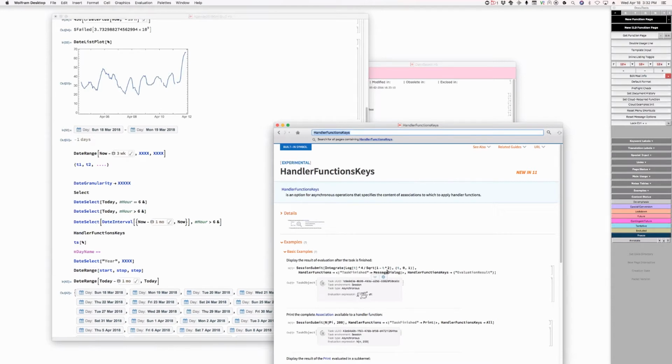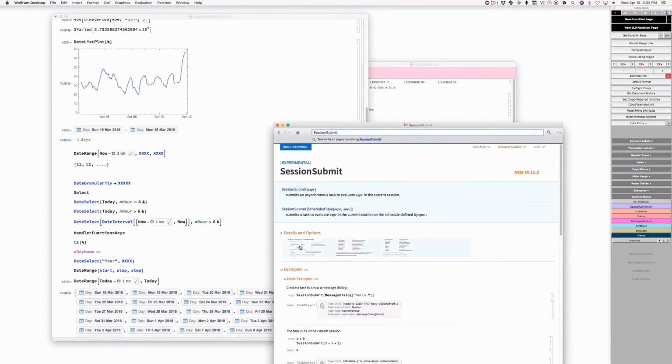Do people here know how handler function keys works? I'm not familiar with it. Okay, so the way it works is there are handlers which do things upon particular events. And the question is, what is the argument structure that is fed to the handlers? This is right. The handler here is being given the evaluation result. There are many possible handler function keys that submit the task.